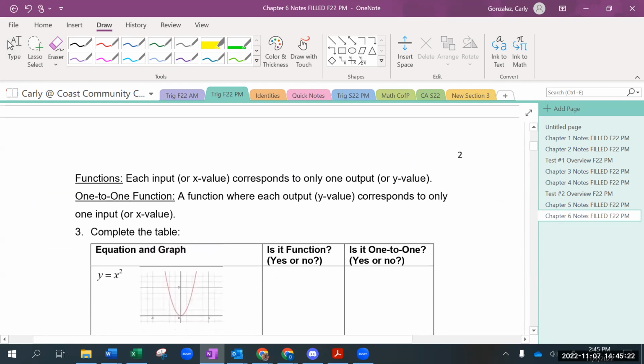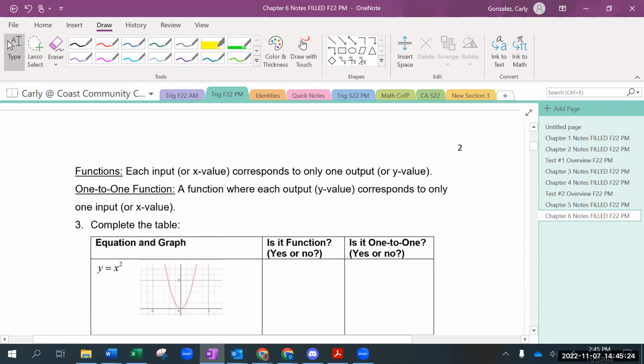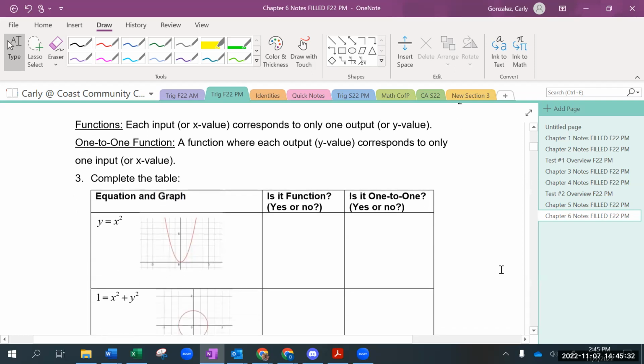Next, we're going to look at one-to-one functions and their inverses. So let's first review what a function is. It's where each input corresponds to only one output, or similarly, each x value corresponds to only one y value.